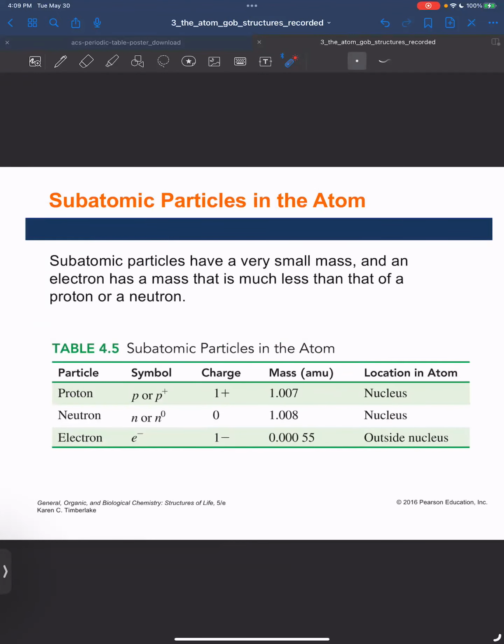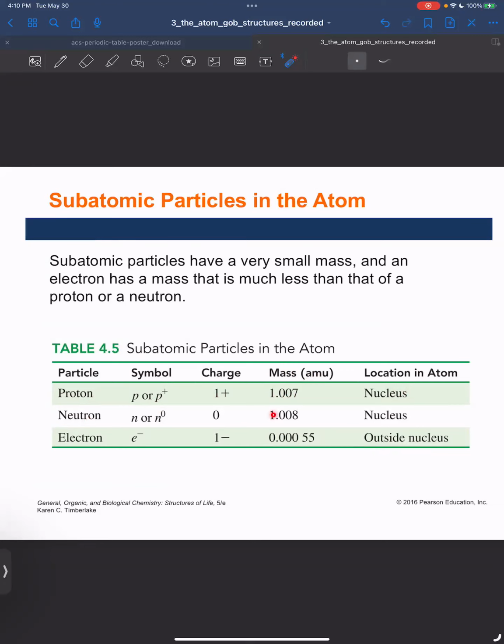So here is a table summarizing the subatomic particles of the atom. So a proton, I will abbreviate as lowercase p with a plus superscript to remind us that it has a positive charge. The mass of a proton is 1.007 AMU, and it's located in the nucleus of an atom. Neutrons, I will abbreviate as N superscript 0 to remind us it's a neutral charge.